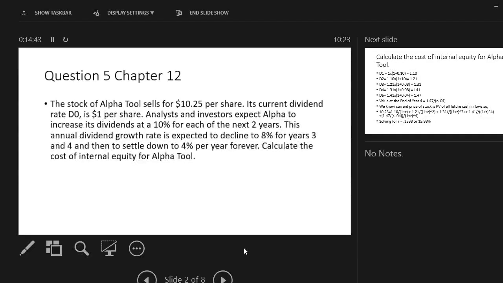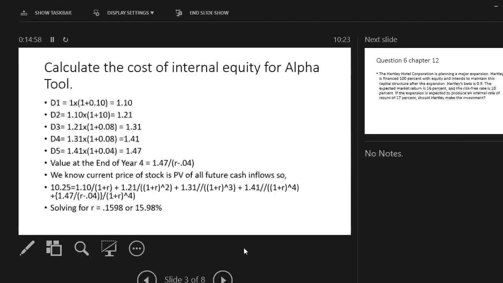So we want to now check for year 1, because they're saying analysts and investors expect Alpha to increase its dividend at 10%. So for year 1 and year 2, we are going to be increasing that at 10%. So I want you to check my calculation for D1 and D2.